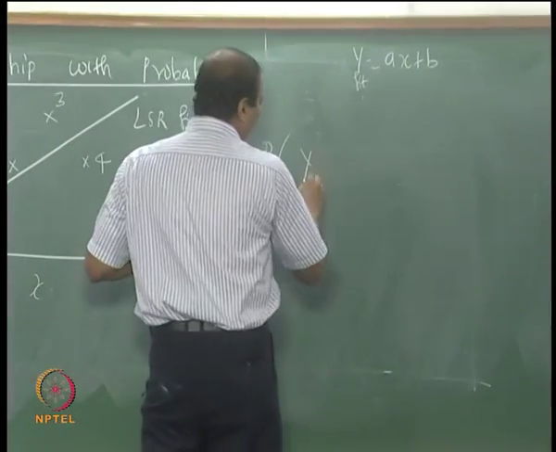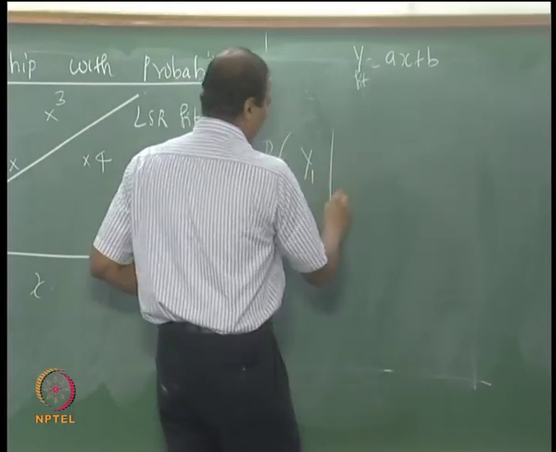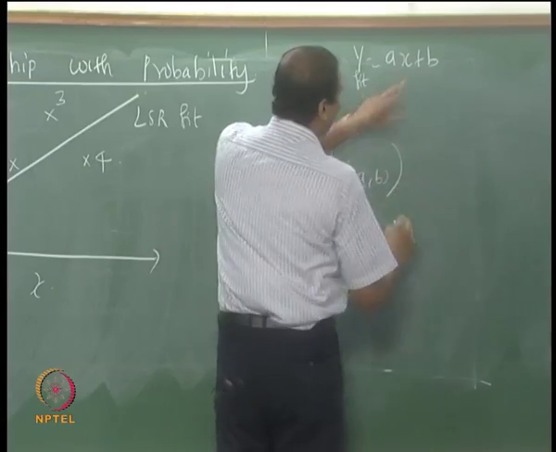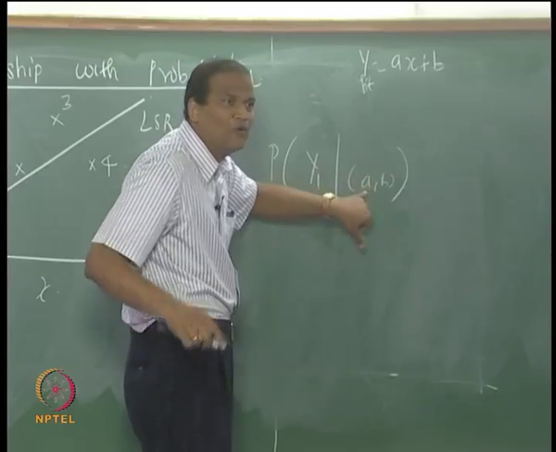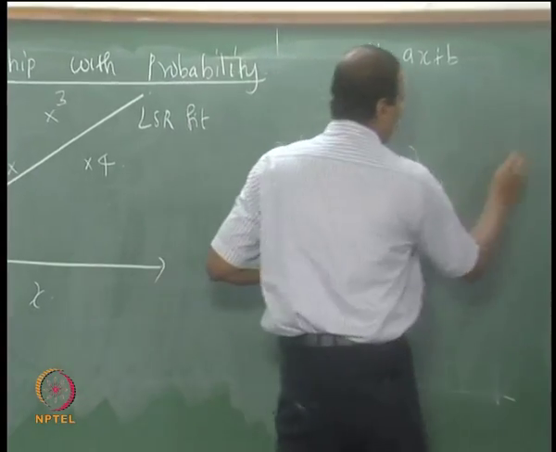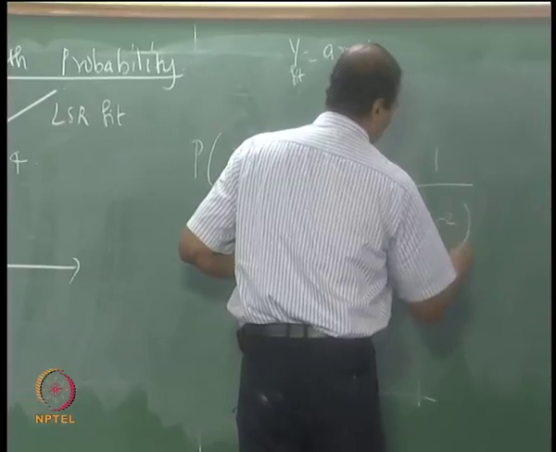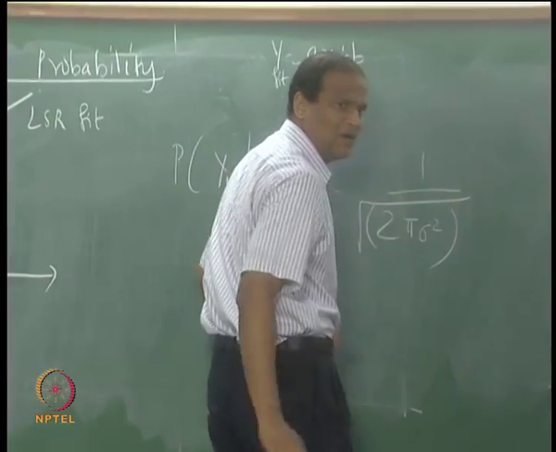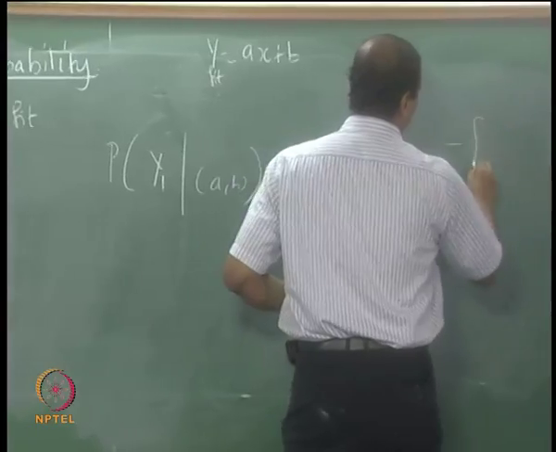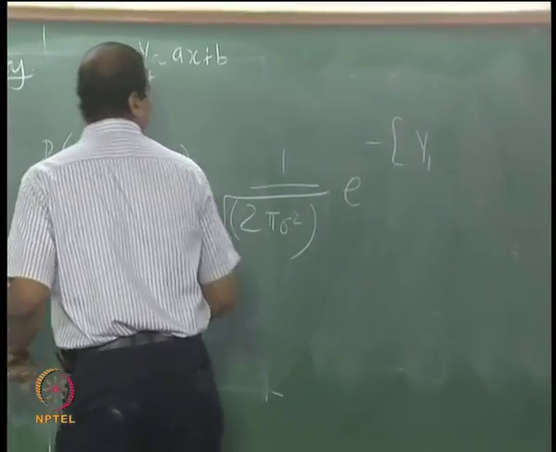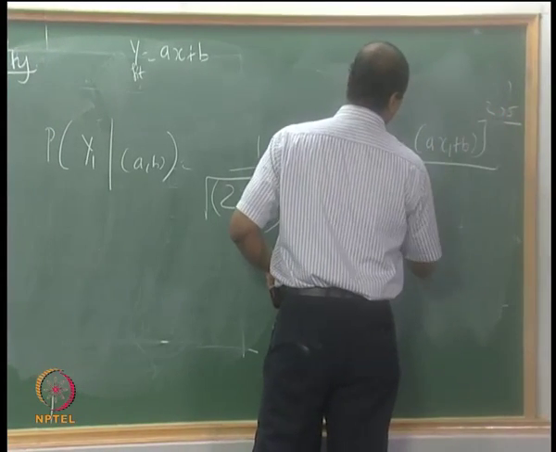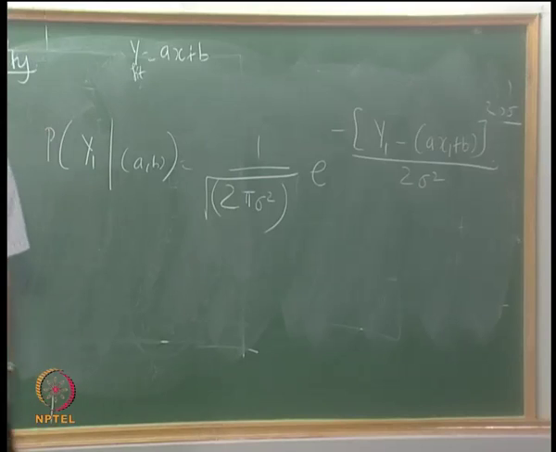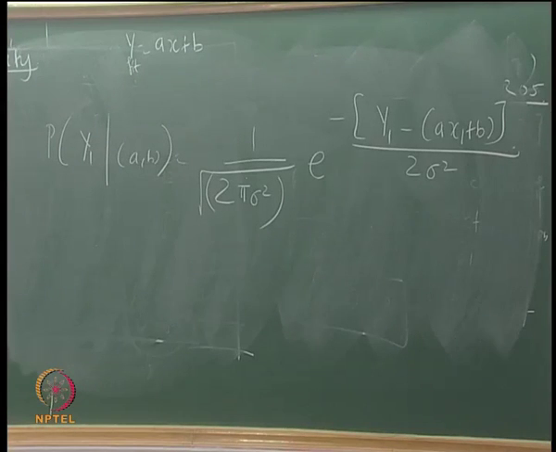The probability of getting y1 for this particular set A, B to be true, A and B being the 2 parameters which are yet to be retrieved, is given by this. This comes from the Gaussian distribution, the normal distribution.